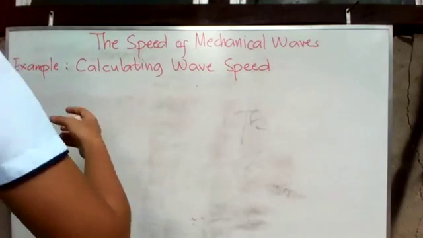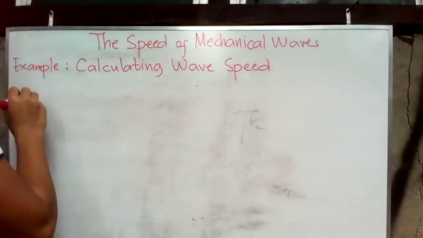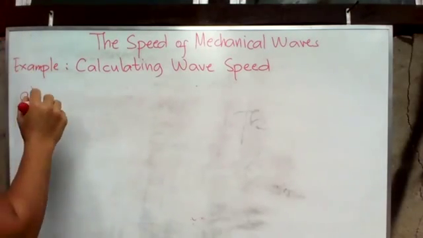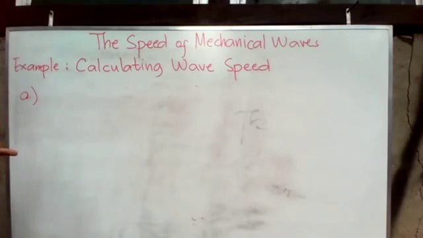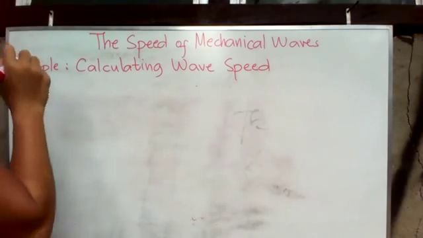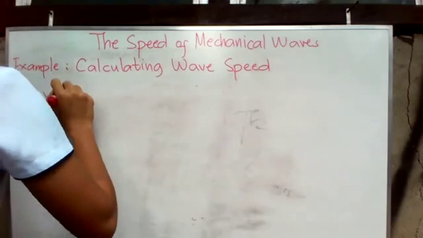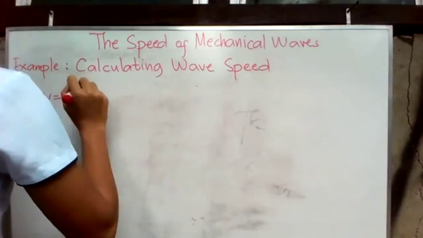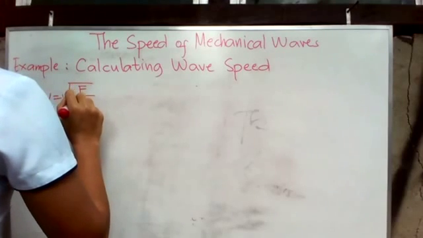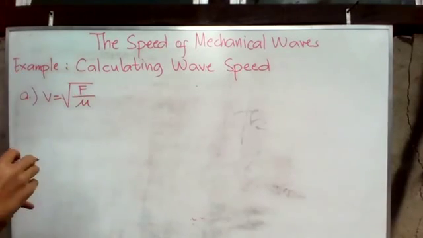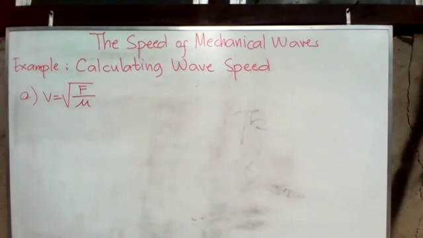So for question A, our target variable is the wave speed. Using the dynamic relationship v equals the square root of F, our tension force, divided by mu, which is the linear mass density or mass per unit length.